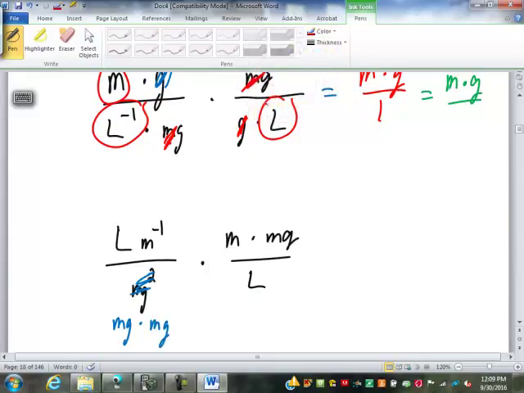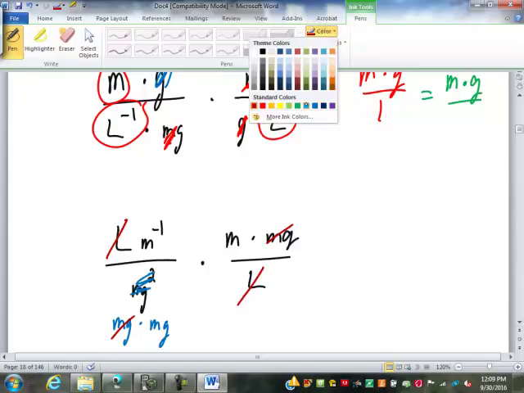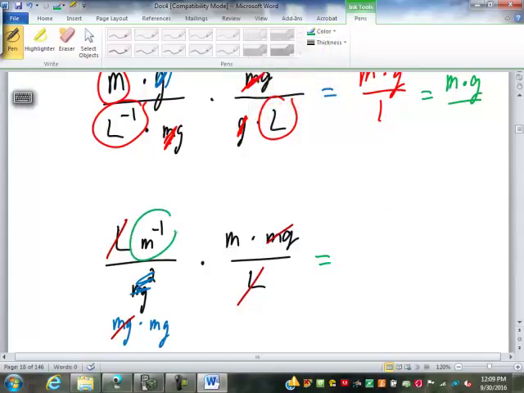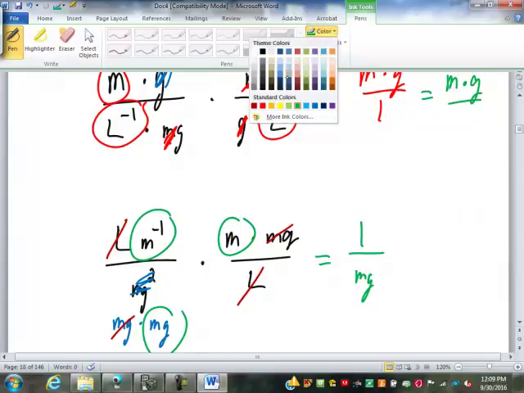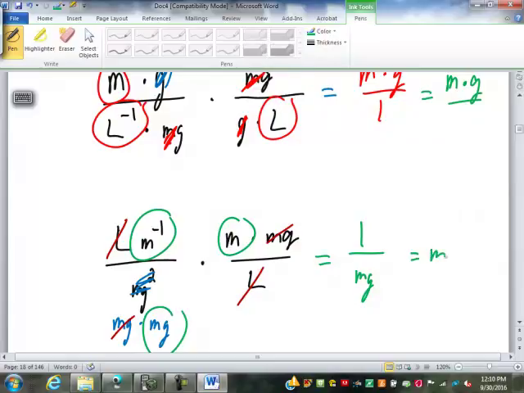Now I can cancel out milligrams on top and bottom. Anything else I can cross cancel? Liters and liters, yep. So now if I multiply on top, meters to the negative 1 times meters is 1. And on bottom I have milligrams, so it's just 1 over milligrams. The book may list that as milligrams to the negative 1 because it's a reciprocal.